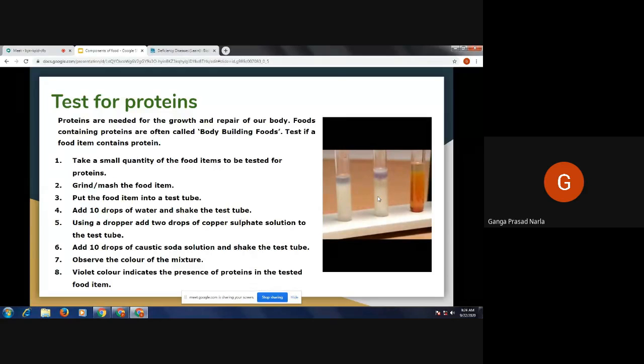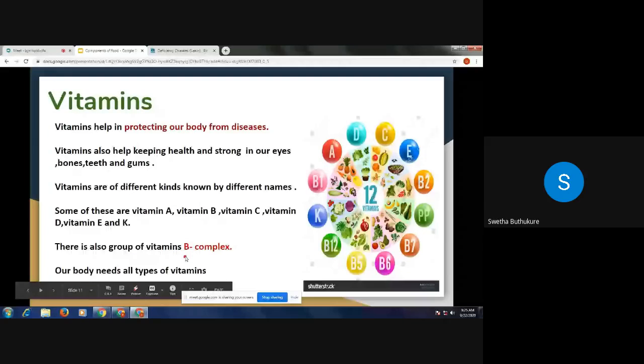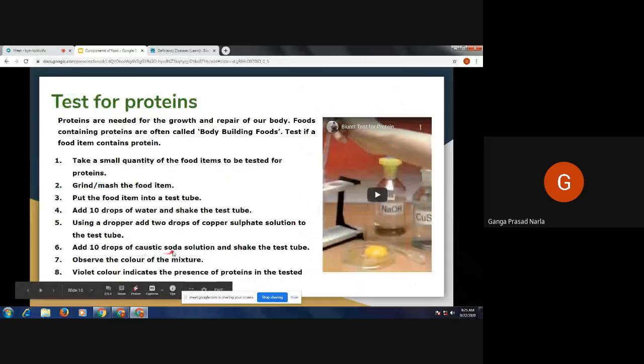Caustic soda, okay? Follow my cursor. Caustic soda and copper sulfate.